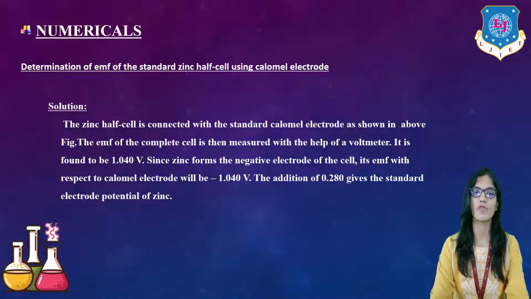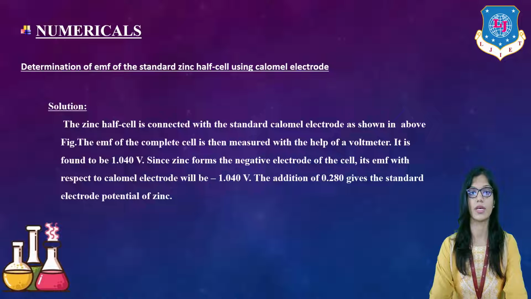Determination of EMF of the standard zinc half cell using a calomel electrode. The zinc half cell is connected with the standard calomel electrode as shown in the figure. The EMF of the complete cell is then measured with the help of a voltmeter and it is found to be 1.040 volts.